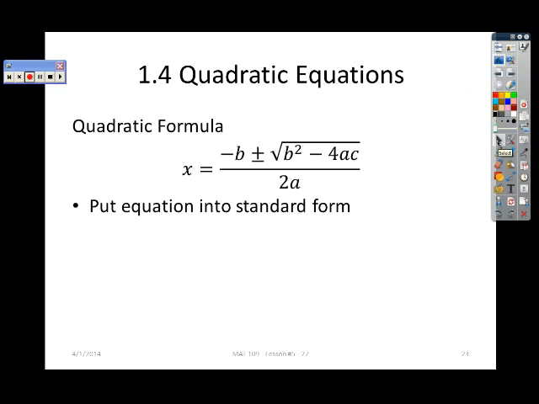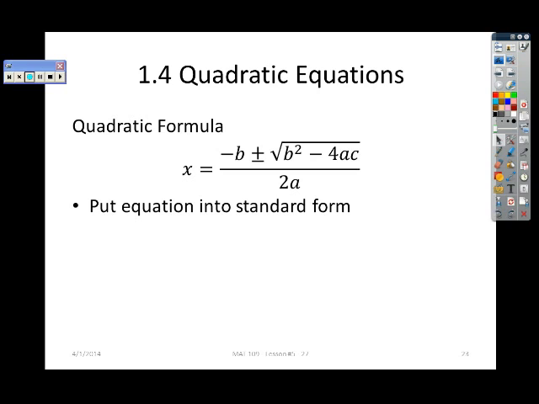Okay, if you're going to use the quadratic formula, first of all, you have to remember it. Next, you need to have the equation in standard form. It's possible to use the quadratic formula without putting it in standard form, but you run the risk of getting incorrect values and incorrect signs to plug in. My strong recommendation, anytime you're solving a quadratic equation, no matter how you're going to solve it, is to put it in standard form.